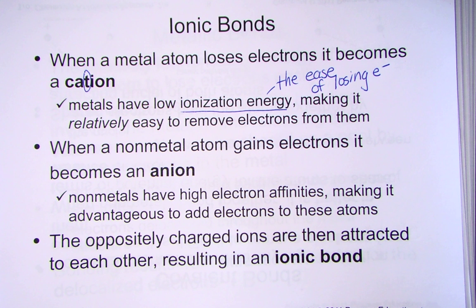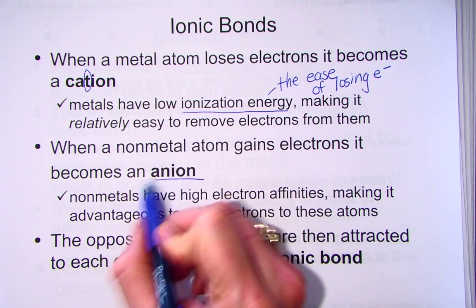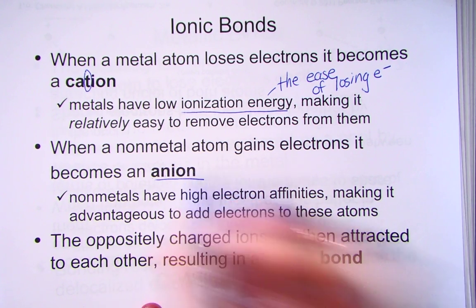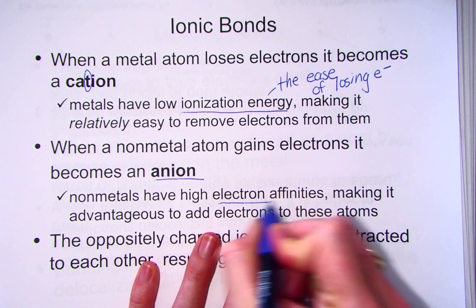Metals would rather lose electrons because they have fewer electrons in their outermost energy level. When a nonmetal gains electrons, it becomes an anion. I always think of this as a negative ion. Nonmetals have high electron affinities.